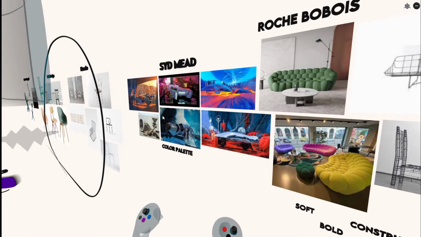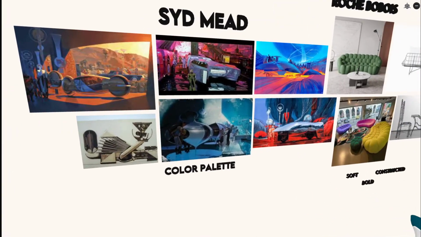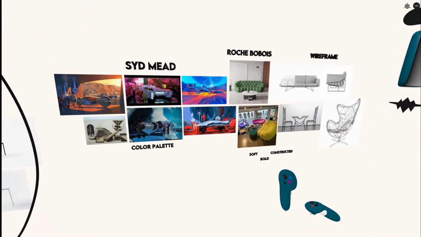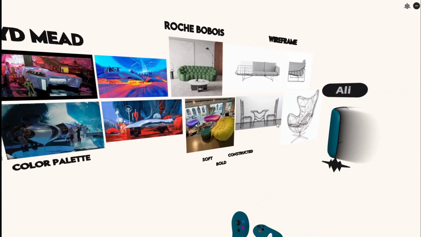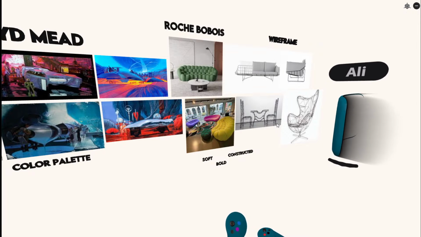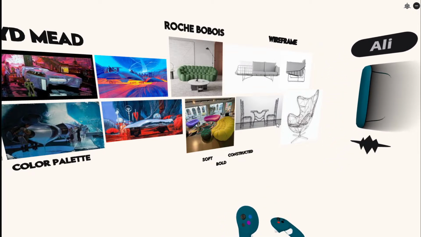So today I'm just going to be experimenting a little bit, maybe pulling some inspiration from Syd Mead, as well as I found this really nice couch or sofa from Rocher Bobois that I just happened to come across on the internet. It's really bold, soft. I love that there's this really punchy color there.